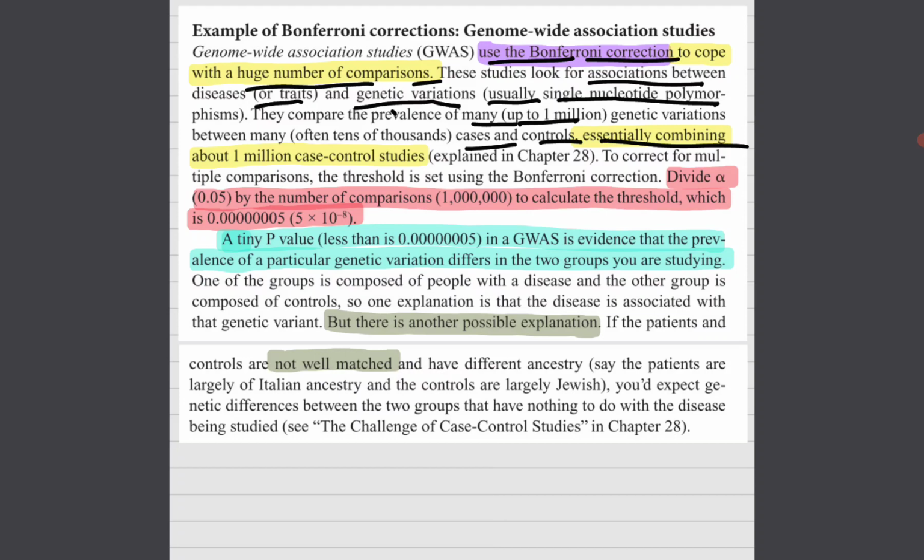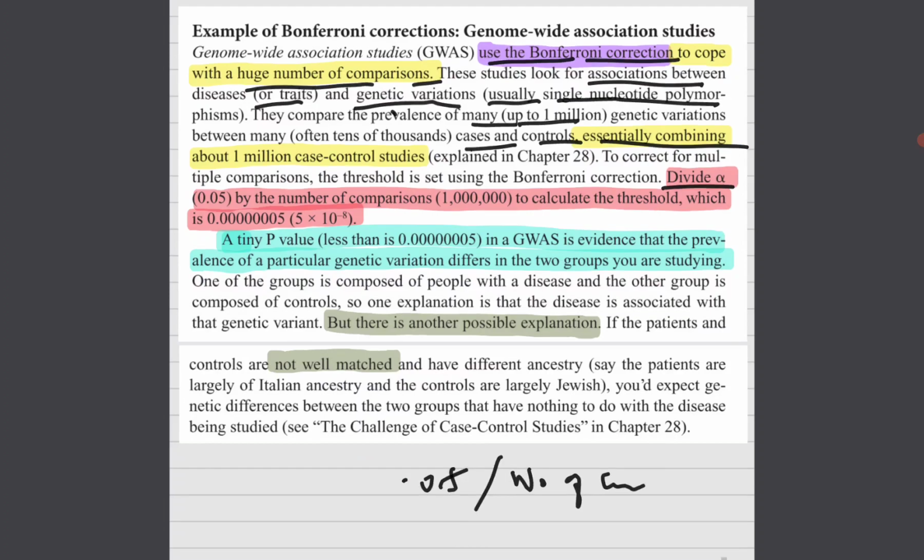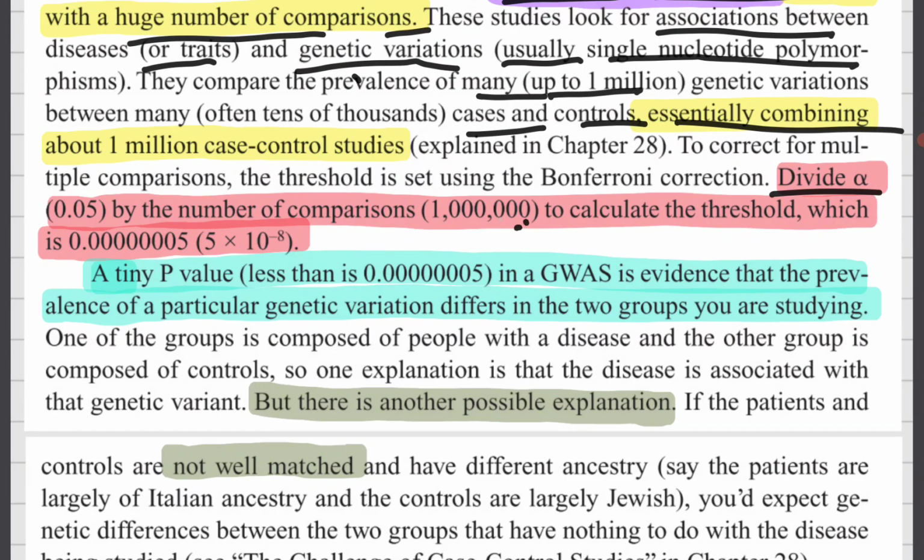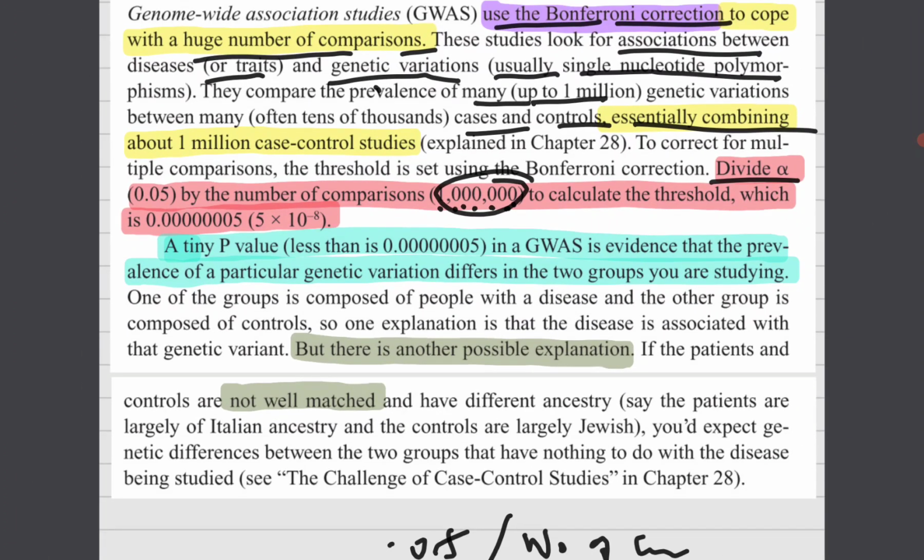So how to correct? It's very easy. You will just divide 0.05 by the number of comparisons that you are making. So let's assume you are making 1 lakh comparisons. Then your new per comparison error rate will be 0.05 divided by this much, right?